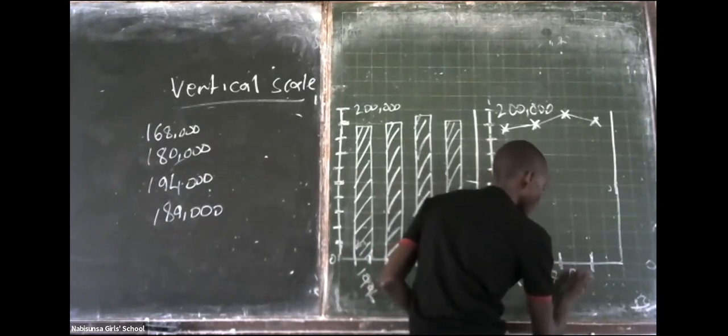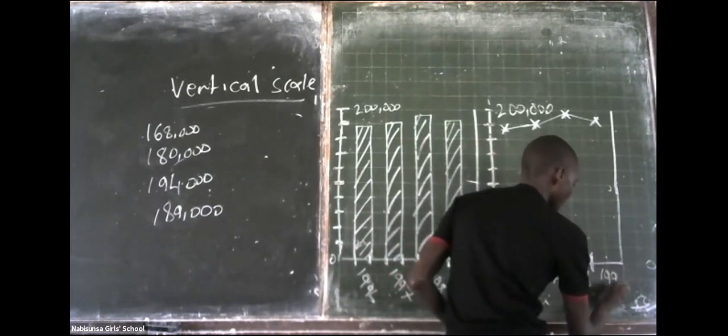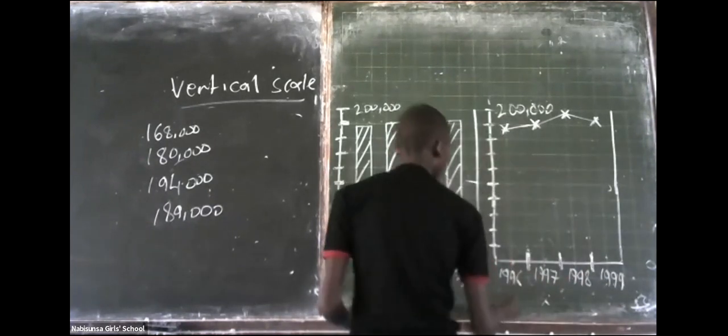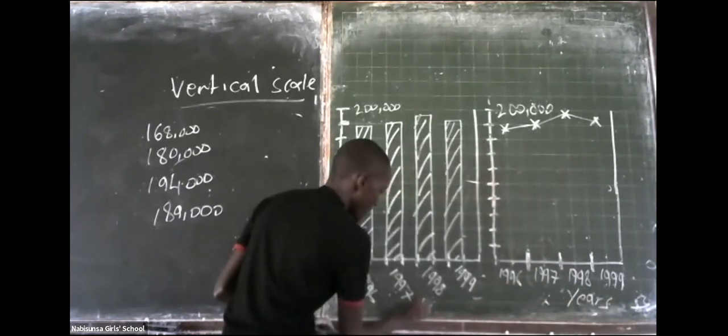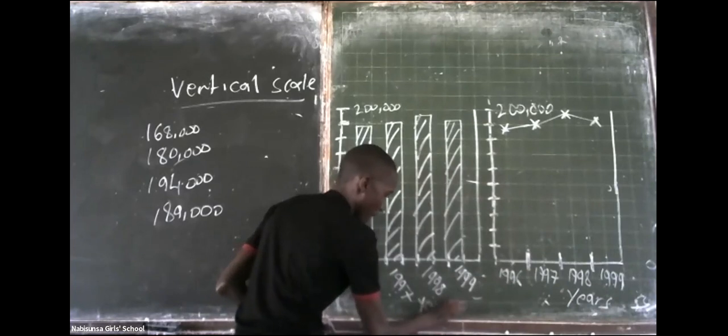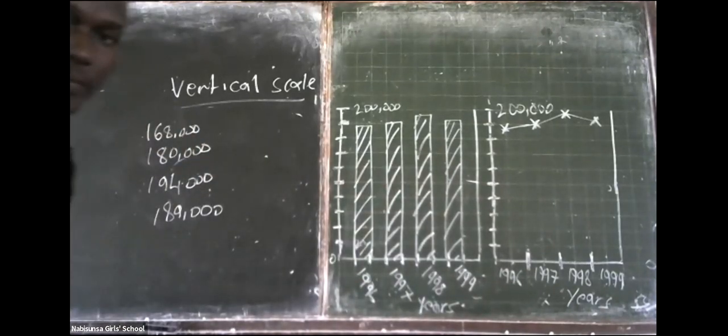Here 1998. Here 1999. Then you have to tell us what these are. These are years. Given here, right there, years. Are you seeing how you write them? Then we are supposed to have the title.